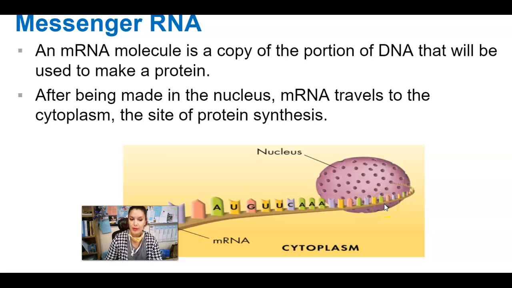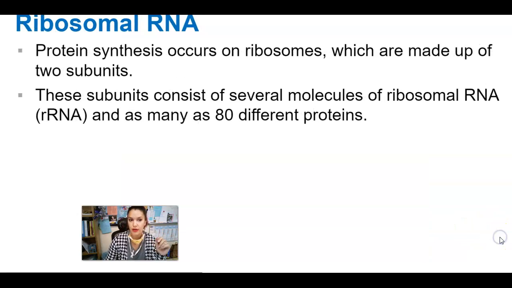So those free ribosomes that are in the cytoplasm, that we saw when we were doing the cell project, those are technically the ribosomal RNA. So this mRNA goes out into the cytoplasm to find those ribosomal RNAs. Let's go to the next slide.